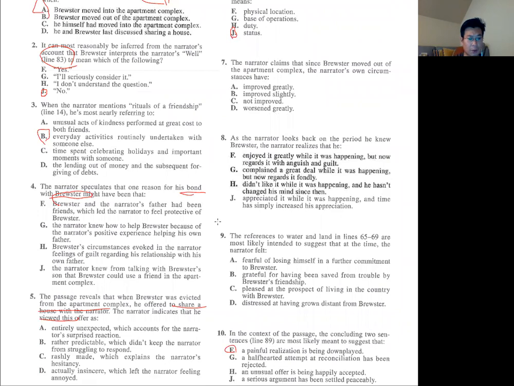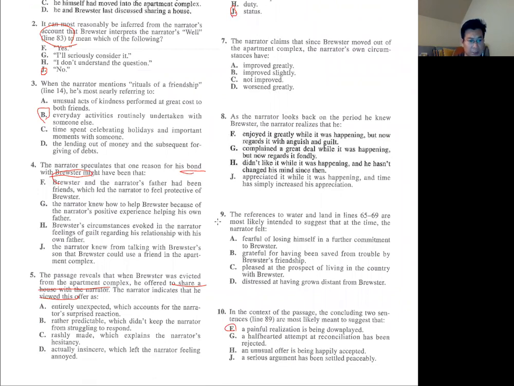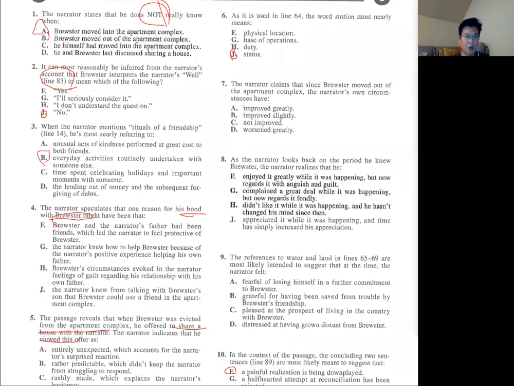And then number 4, it says the narrator speculates, which means considers or thinks about, that one reason for his bond with Brewster might have been that. So it's not a specific bond that they had. It's just whatever the situation is.